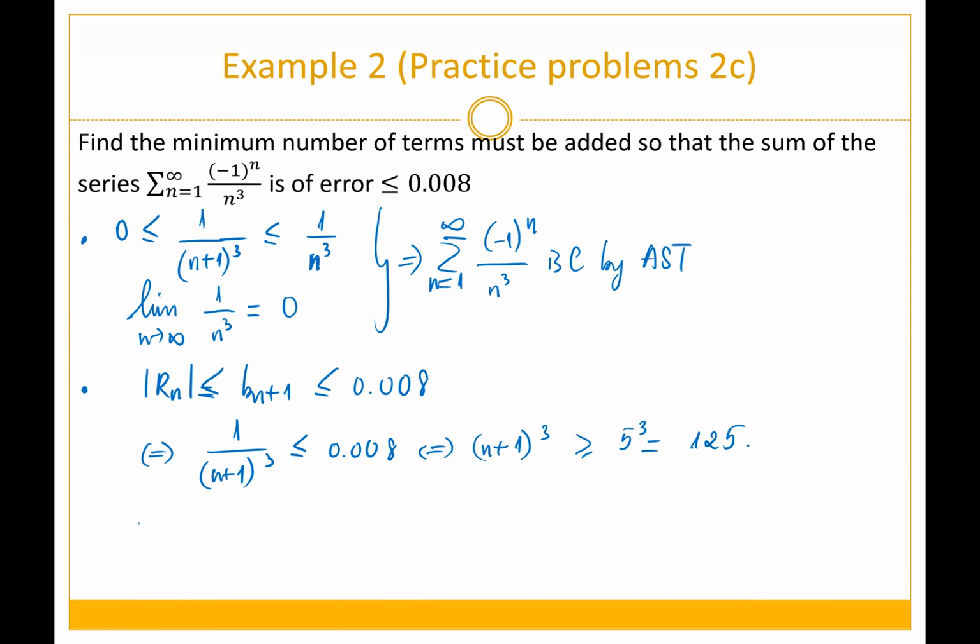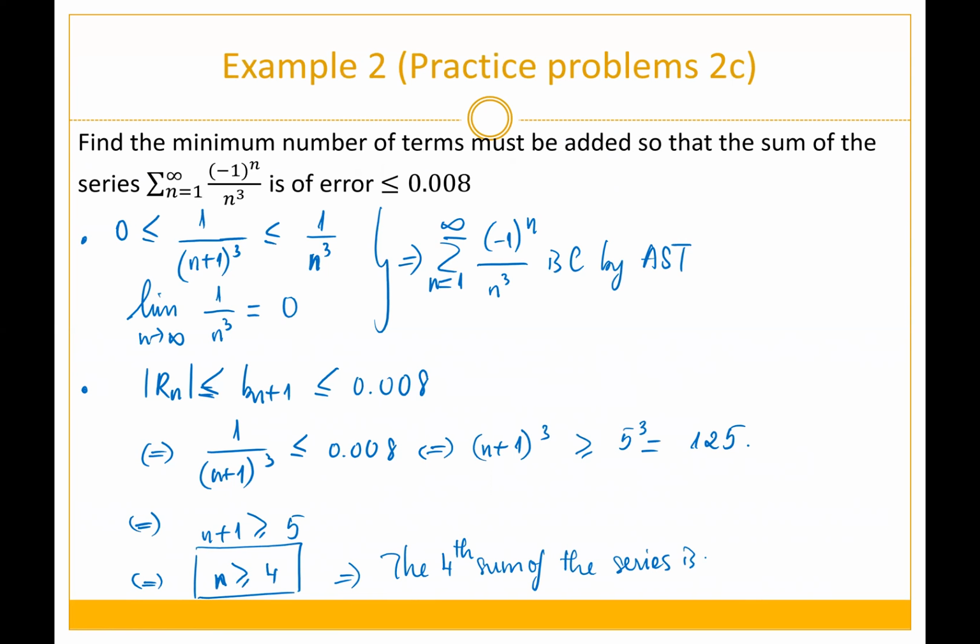Then you have n plus 1 is bigger than or equal to 5, or n bigger than or equal to 4. So your answer is the sum of the first four terms, which has an error smaller than or equal to this, from the nth partial sum, or from S_n.